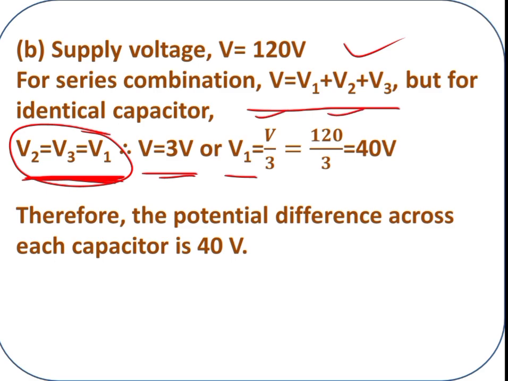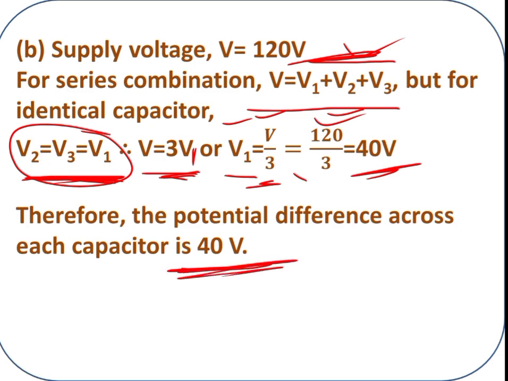And what is this 3? Addition of these, 1 plus 1 plus 1, 3. So V is equal to 3V1, or V1 is equal to V by 3. Substitute the value of V, simplify, how much will you get? 40 volt. So the final answer is 40 volt.